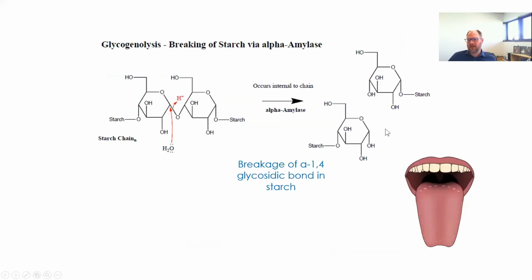Now you can actually break glycogen down in a single step via hydrolysis. And this happens in your mouth. There's an enzyme in your mouth called amylase that starts to digest starch as soon as it gets into your mouth. This is why we really like highly refined breads. This tastes so good. The reason is that you're actually mobilizing glucose in your mouth, which tastes great, and this is possible via a hydrolysis reaction.